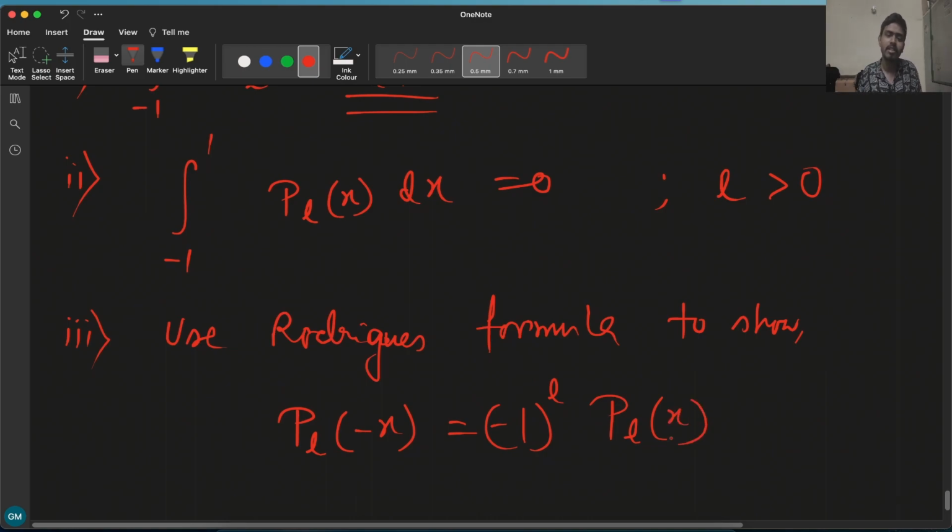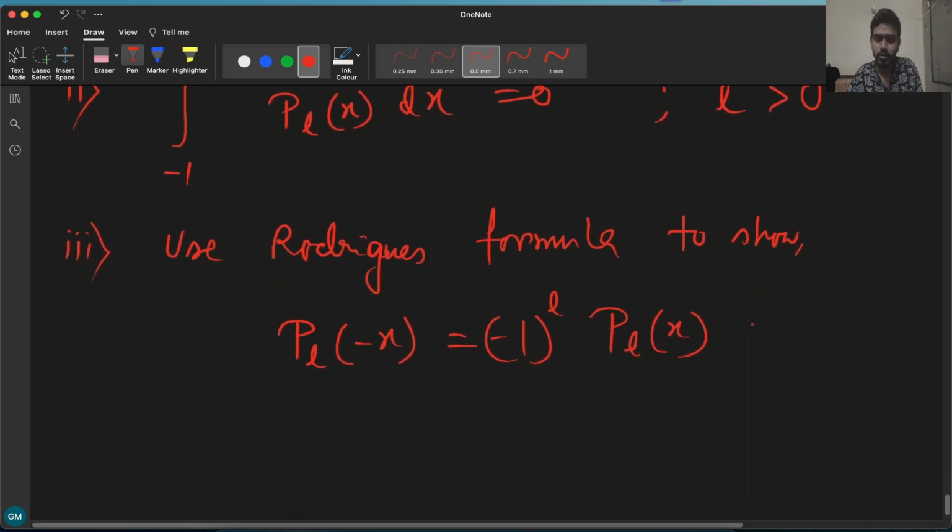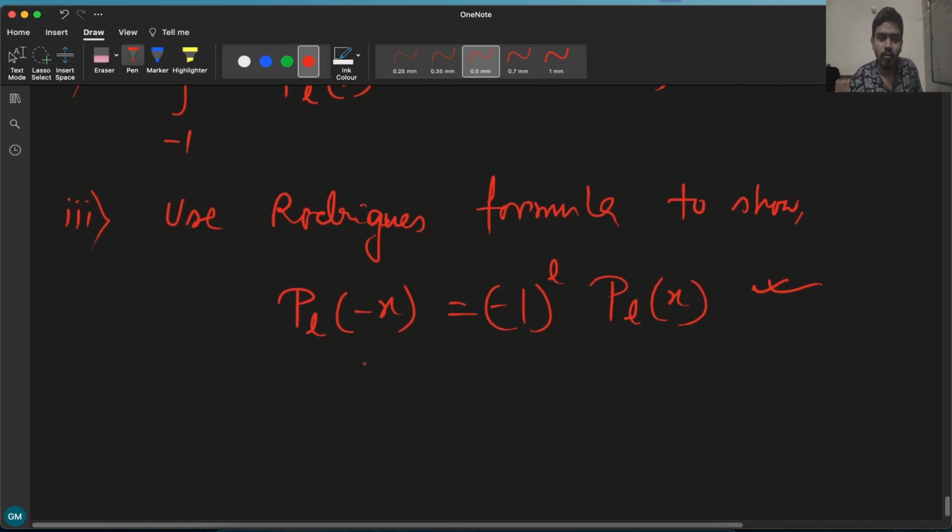While deriving the Legendre polynomials, we verified this property for P0, P1, P2, P3, but we have not proved it yet, and you can prove it using the Rodrigues formula. It basically shows that for even L, the P_L(x) are even functions, and for odd L, the P_L(x) are odd functions.